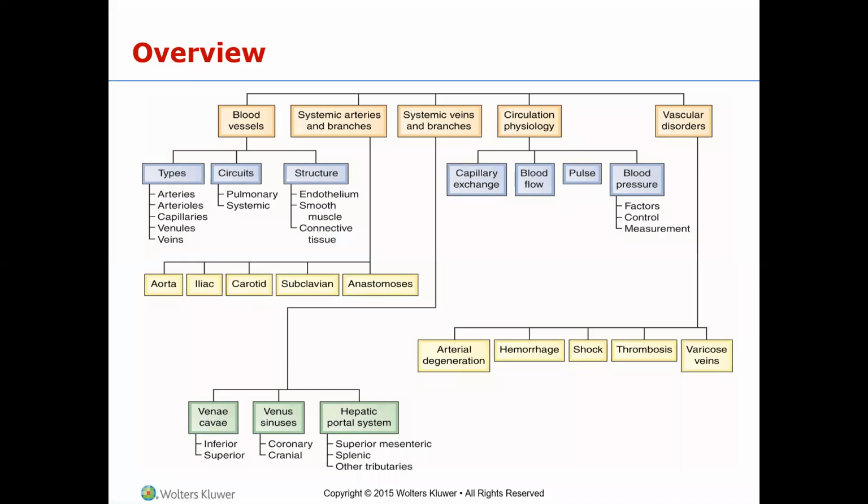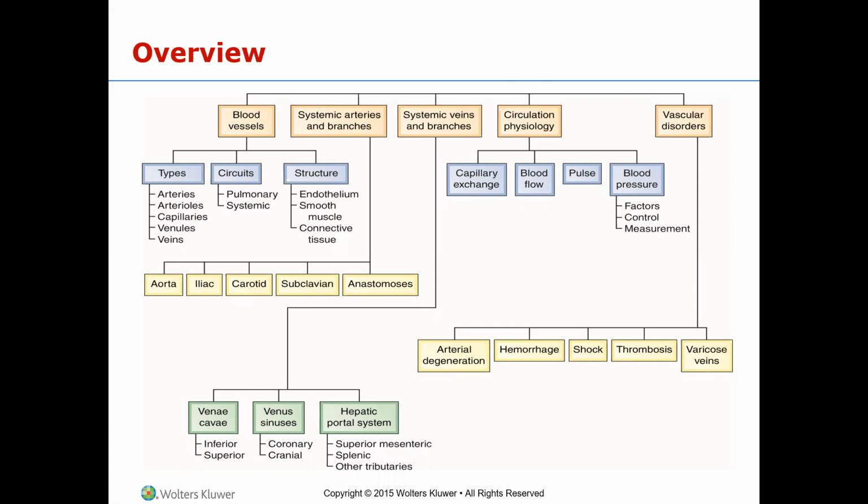Okay. When we look at blood vessels themselves, we will be looking at the different types, the circuits, as well as the structure. I will go over some of the systemic arteries and the branches. You will not be responsible for knowing most of the veins and their branches.